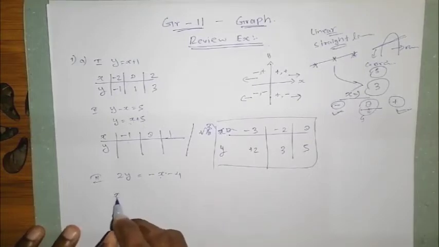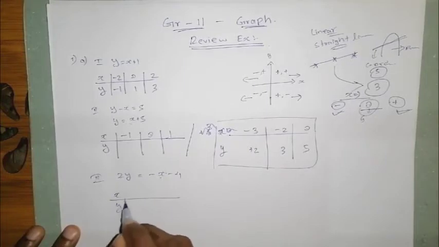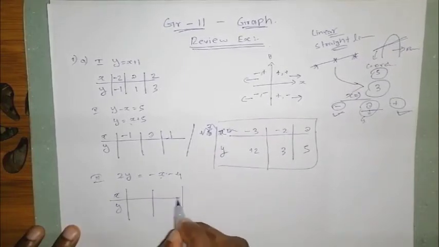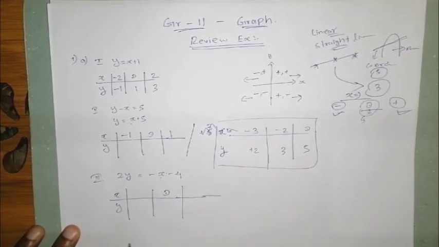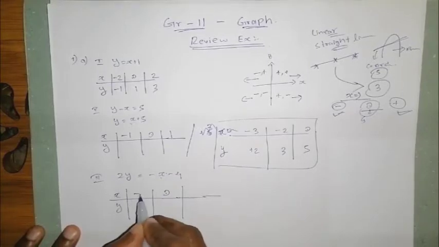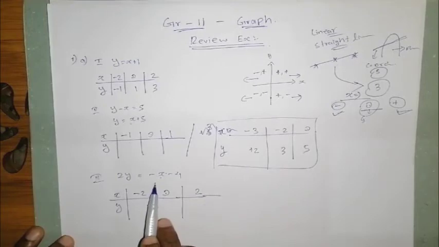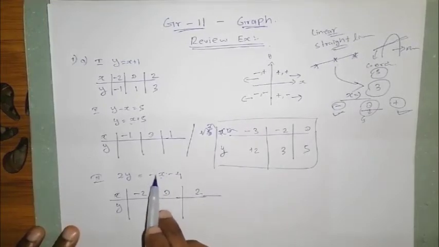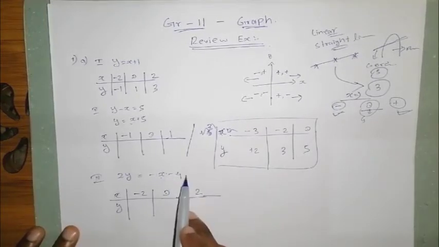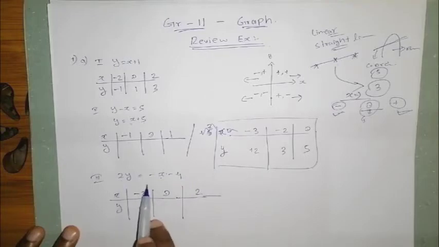So I'll take the coordinates minus 2, 2 and 0, because if you substitute minus 2, the result will be an even number, so I can divide easily.